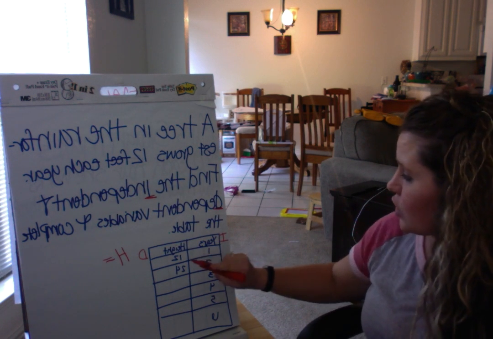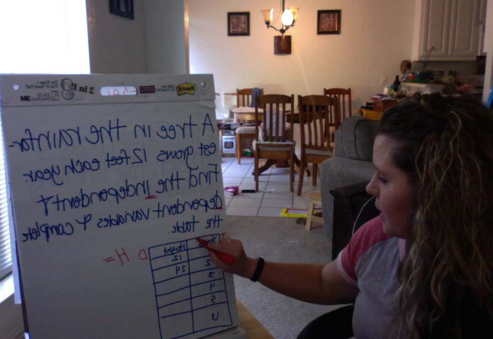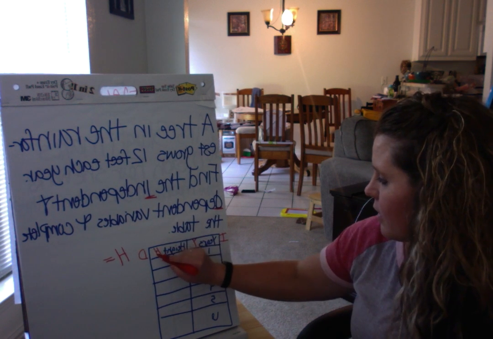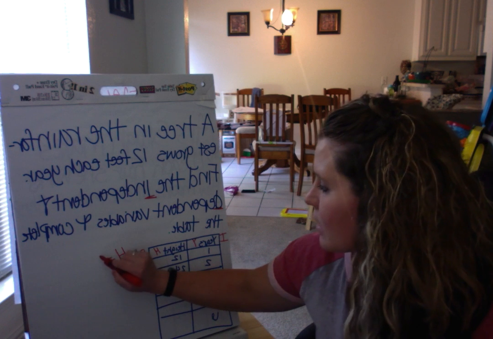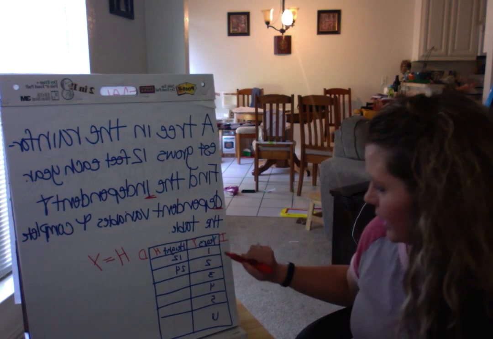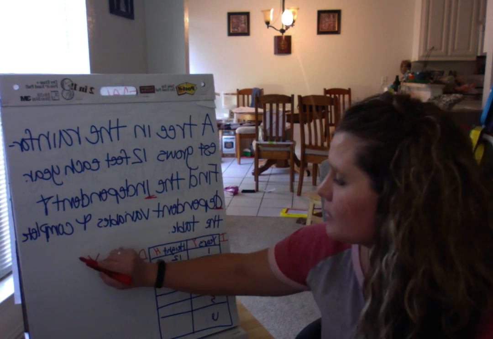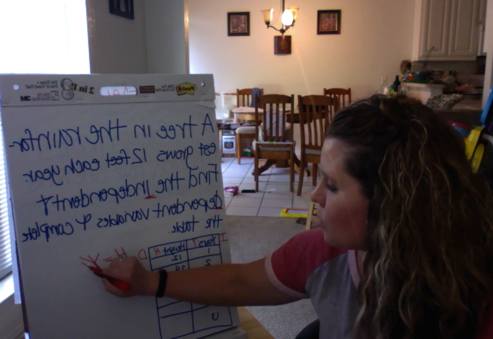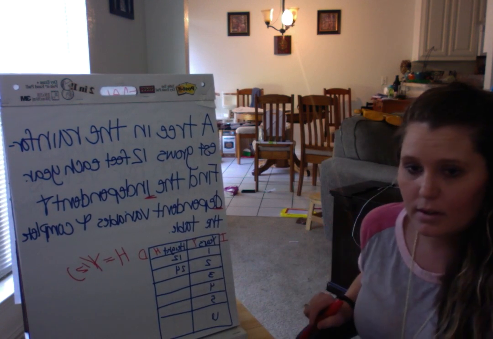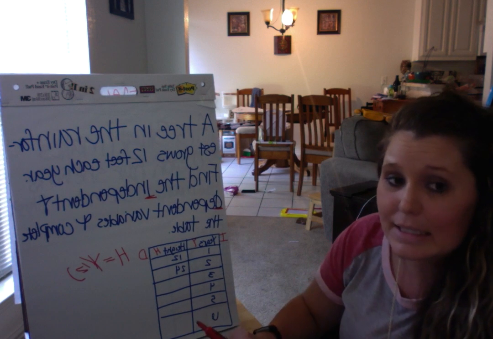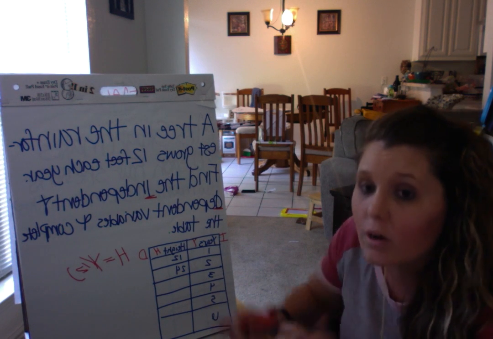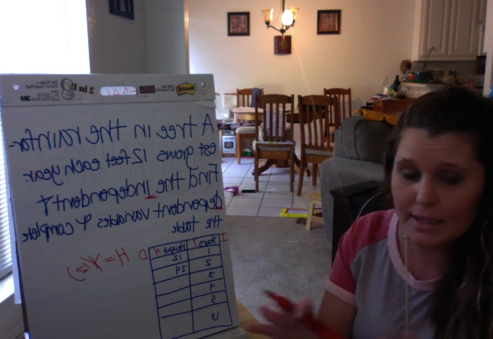So we need to know Y. We're going to put in a Y for years. So Y for years times, how much does it grow each year? 12 feet. Now we have Y times 12 equals H, or H equals Y times 12. It all means the same thing.